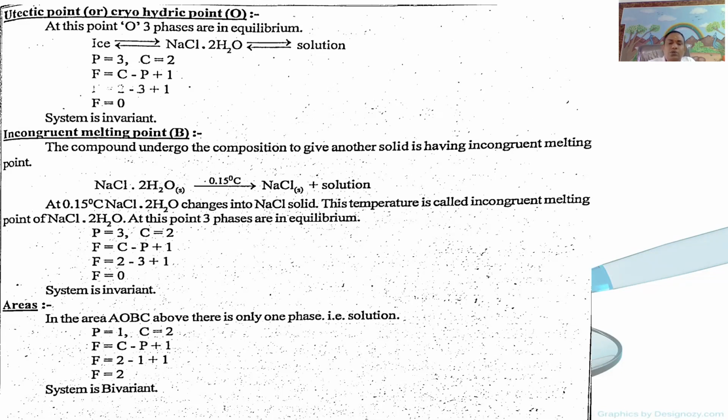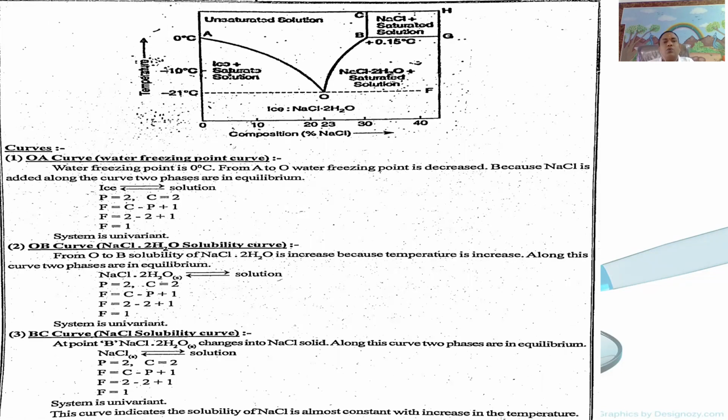Here in the salt water system, instead of sodium chloride, we take the potassium iodide water system. Again, the potassium iodide water system also contains three phases: one is the solid salt potassium iodide, another is solid water, ice, and the third is the liquid potassium iodide water solution.